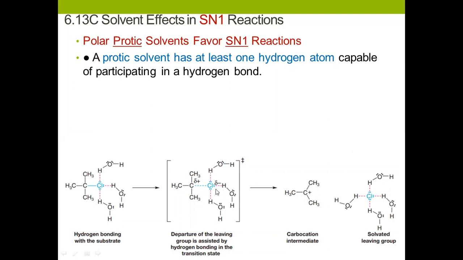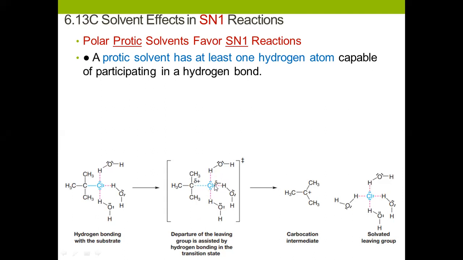Because of that interaction, the leaving group has more ability to leave the substrate because it is being stabilized by the solvent. When the leaving group leaves, there is a developing partial negative charge. It carries with itself the partial negative charge and leaves the carbon with a partial positive charge.